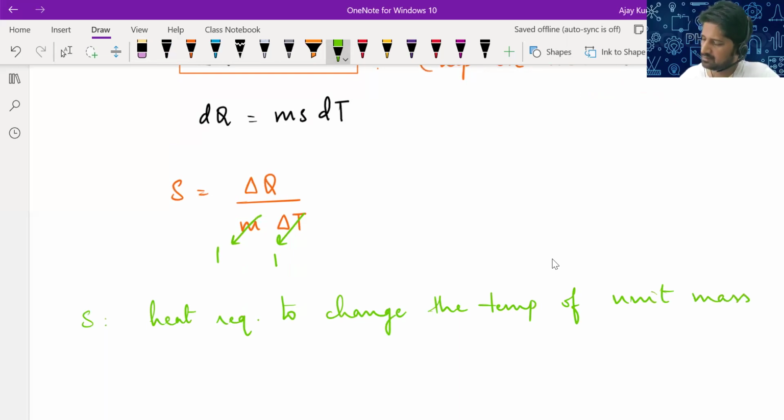Unit mass means M should be equal to 1. It could be in SI units or CGS units, unit mass. Or any other unit also, but the numerical value should be 1 to change the temperature of unit mass by 1 unit. The temperature change also should be 1 unit. For that, how much ever heat is necessary is what you call specific heat.